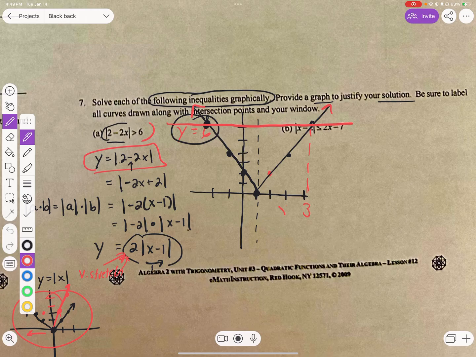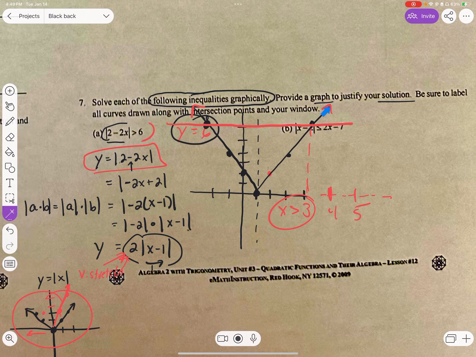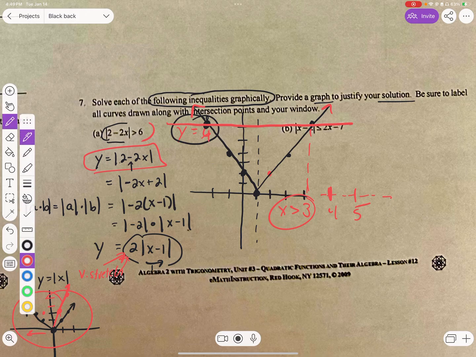So when x is greater than 3, when I'm on this side, 4 and 5, then my absolute value gives me these y values. Okay, so I need to have x's that are bigger than 3 in my answer. And then over here, my graph isn't very good there, but this occurs at x is -2.